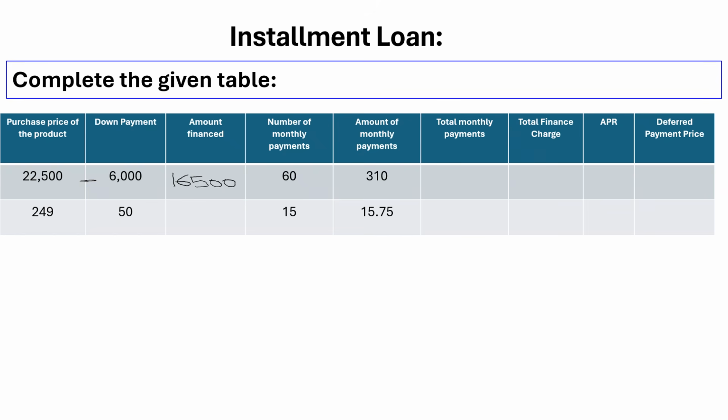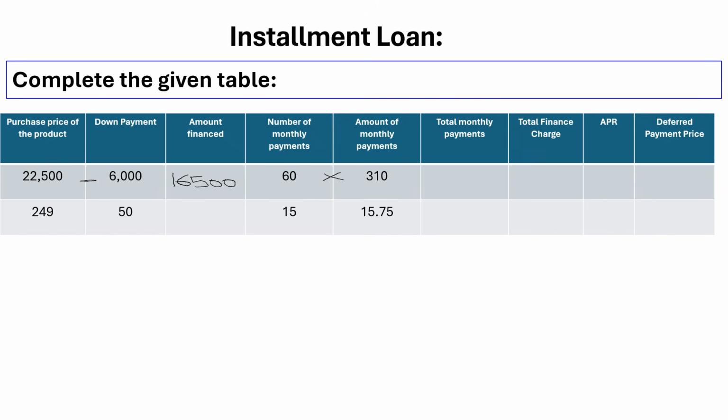Then here it is given the number of monthly payments. How many months is it paid? 60 months. And the amount of monthly payment is 310. So we need to calculate the total monthly payment. How do we calculate the total monthly payment? 60 multiplied by 310.